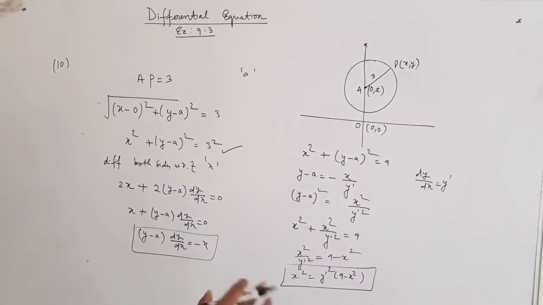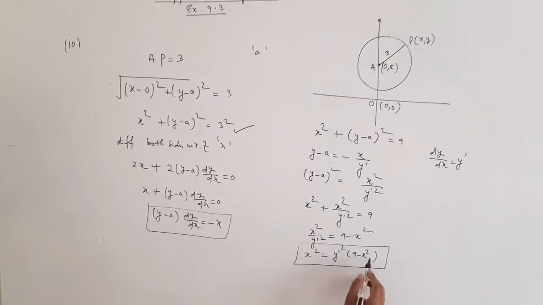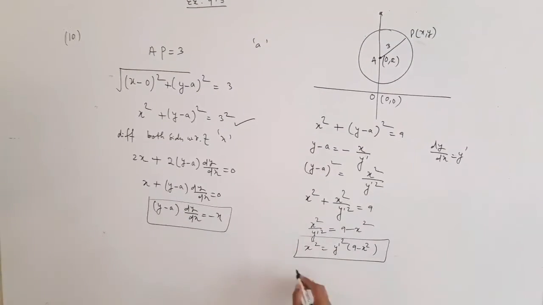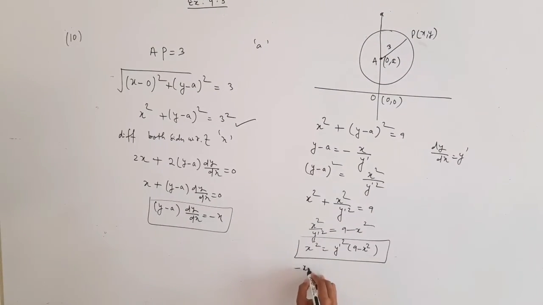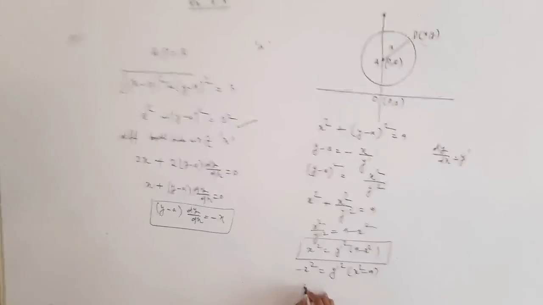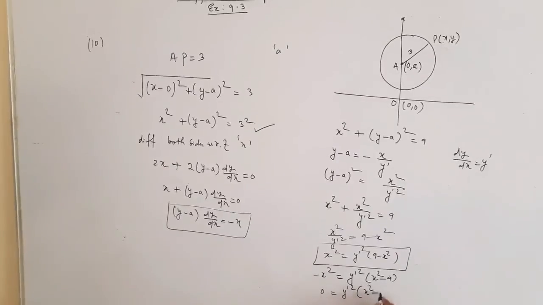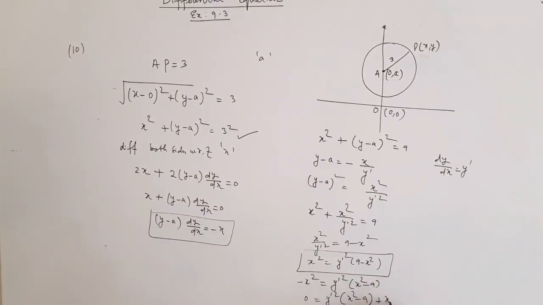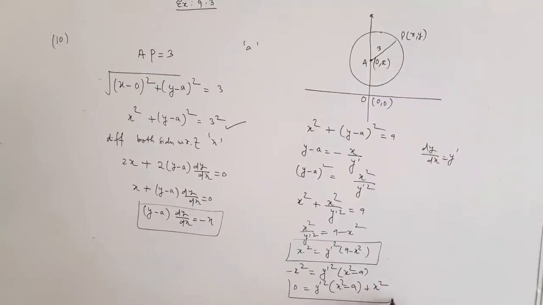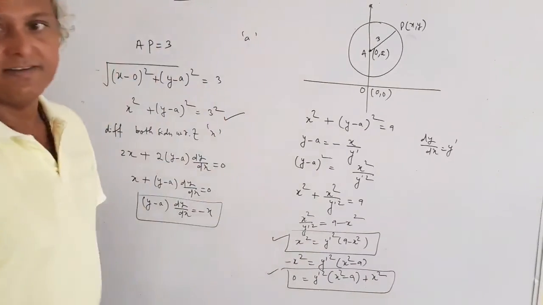To make it match with the answer of the textbook, suppose I multiply both sides by minus, so it becomes minus x square is y dash square (x square minus 9). Now I take this on this side, so we get 0 is y dash square (x square minus 9) plus x square, and this is the answer. This answer is the same thing, only the forms look different.